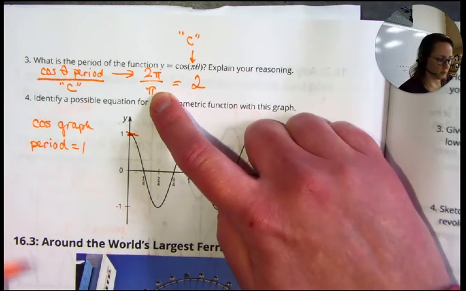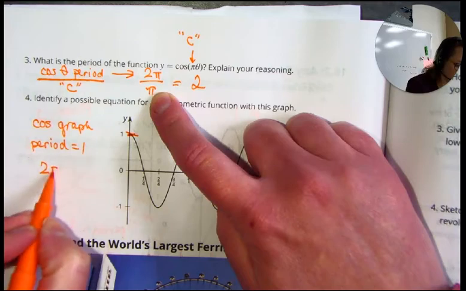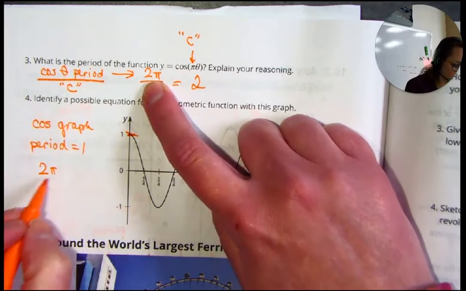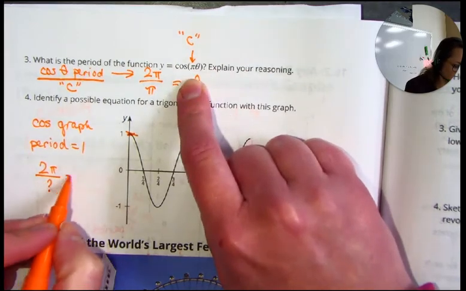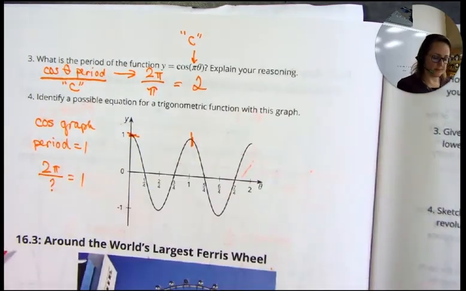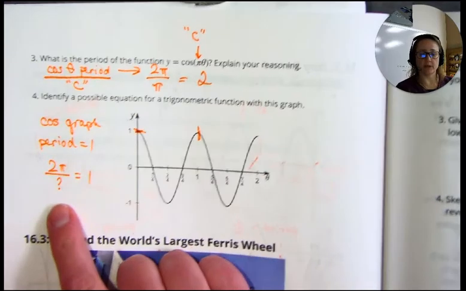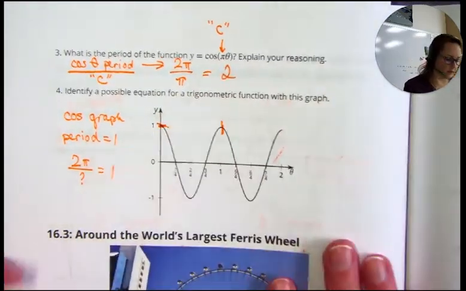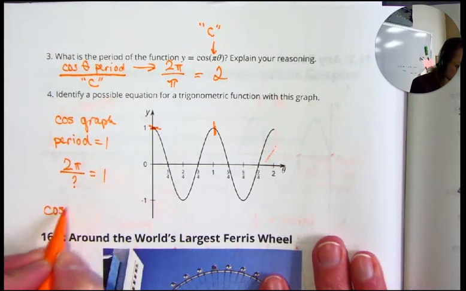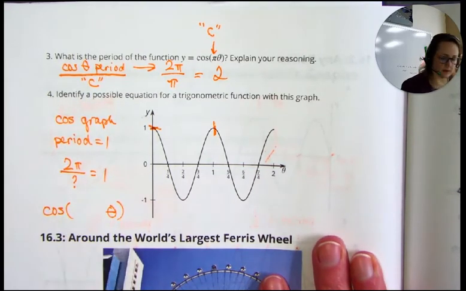This time I need the period to be 1, so I've got 2 pi, right, because the cosine period is still the same, over something, whatever that c value is going to be, equals a period of 1. And I have to think about what that would be. Okay, so that's going to be the c value when I write this cosine of something times theta.